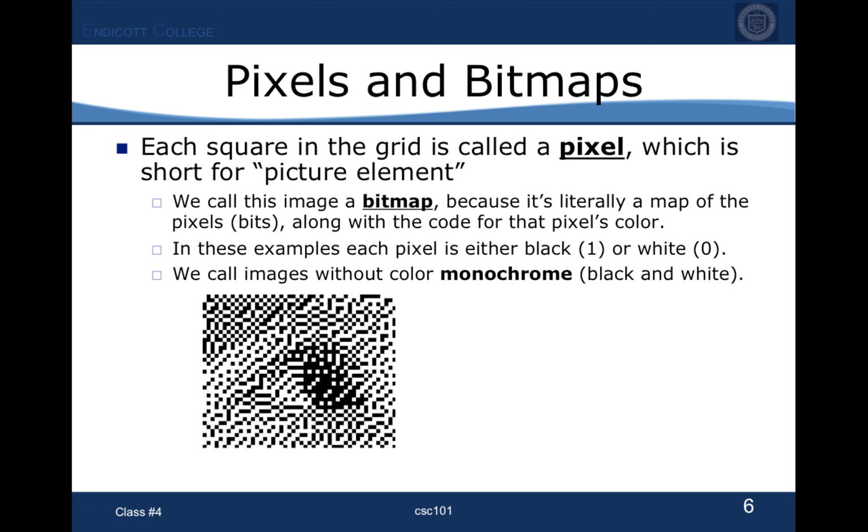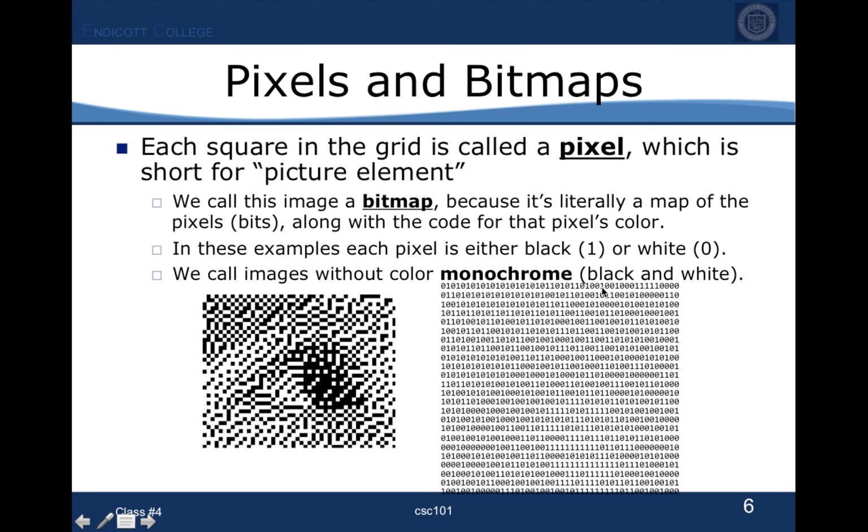If you collectively put all the pixels together and represent them as the image, that's what's called a bitmap. So a bitmap would be this: literally a map of the bits, or a map of the pixels.